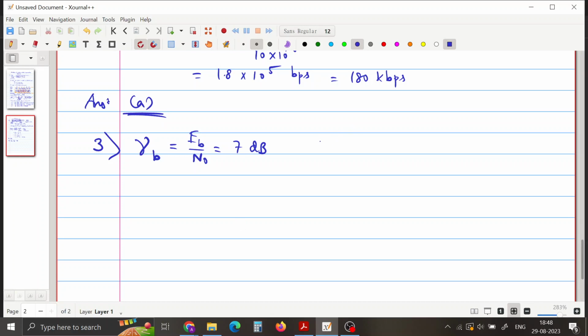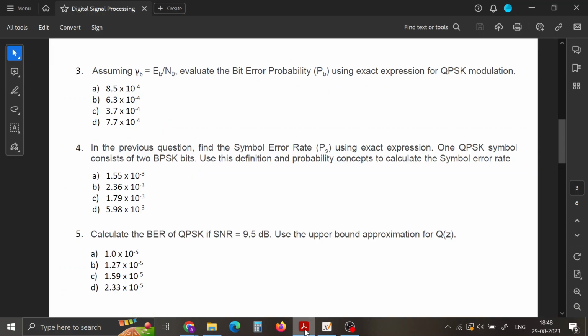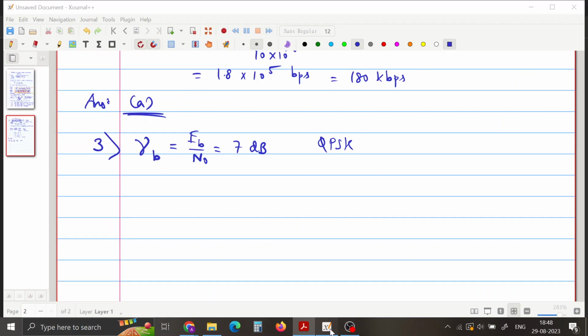And we have the QPSK modulation scheme. We have to find the bit error rate for QPSK, and this is simply in AWGN.